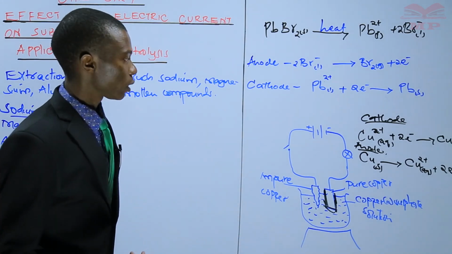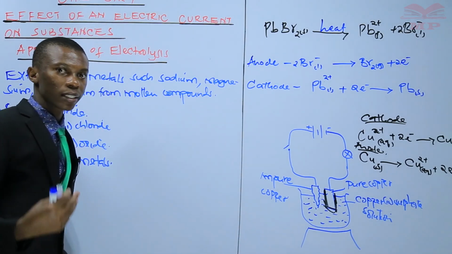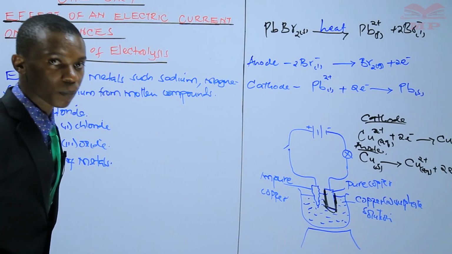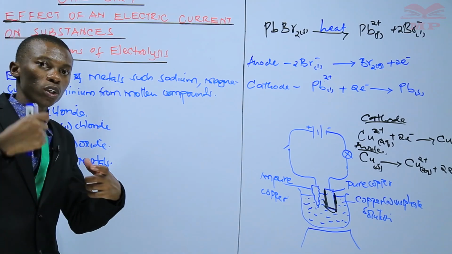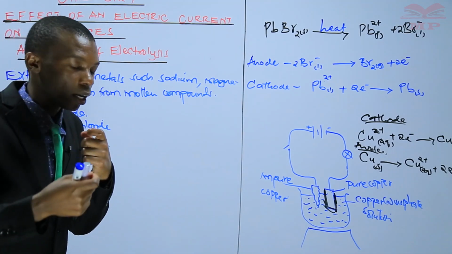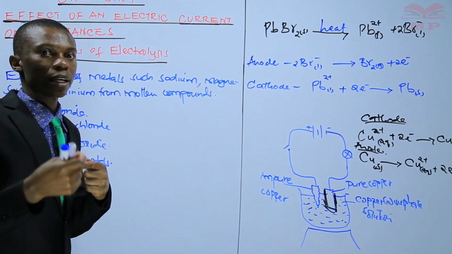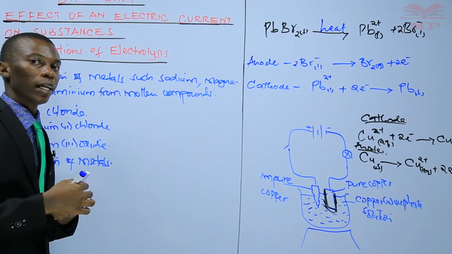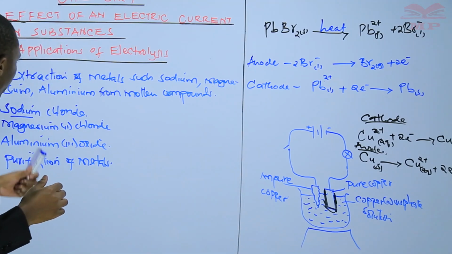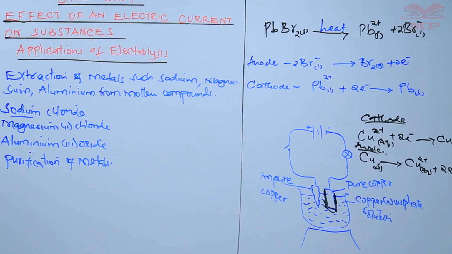That is, electrolysis can be used in purification of metals, and you're going to learn more on this in the upcoming topics. That is the second application.